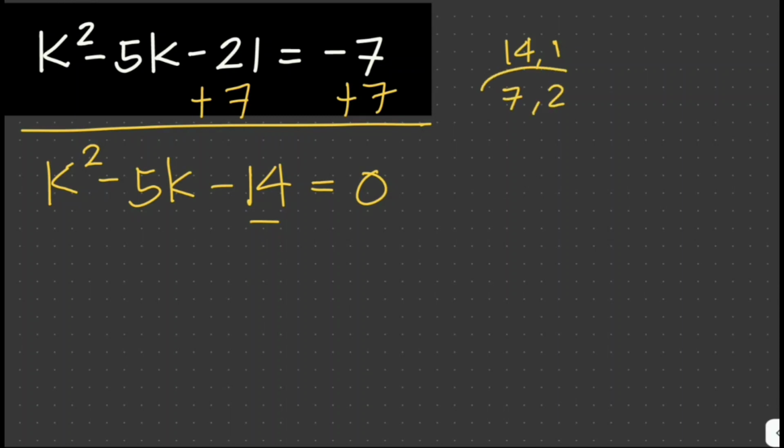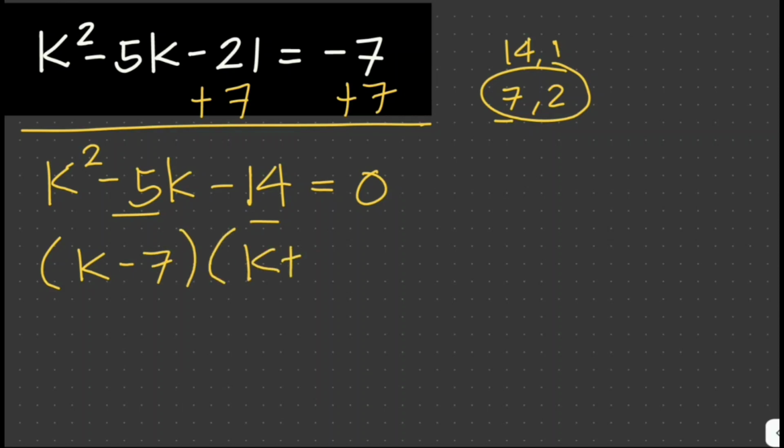So we use here 7 and 2. Since the coefficient of the middle term is negative, the larger number should be negative. So this would be k minus 7 times k plus 2 equals 0. So these are our factors for this equation.